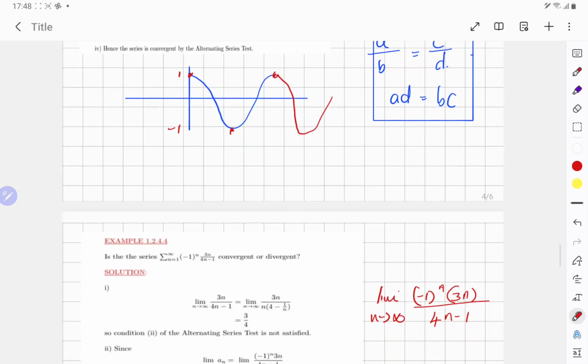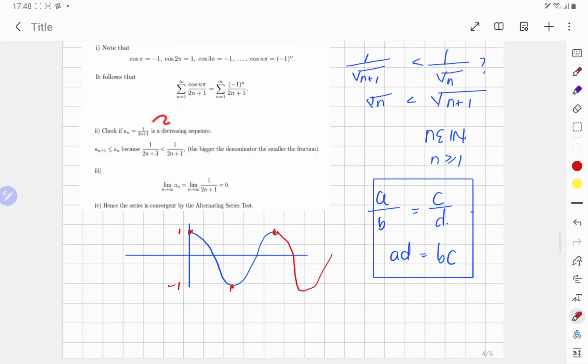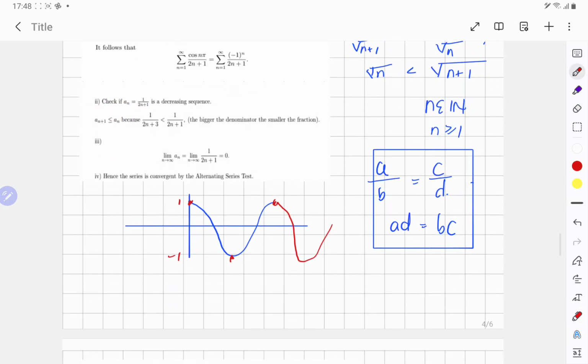So what are our two conditions? We're going to check if the sequence is decreasing. So we want to check this. Like I said earlier, students often make this mistake. If a_n is 1 over 2n+1, now I need to get a_(n+1), so I substitute n with n+1.